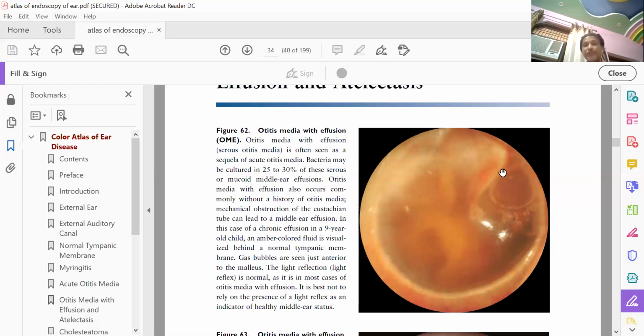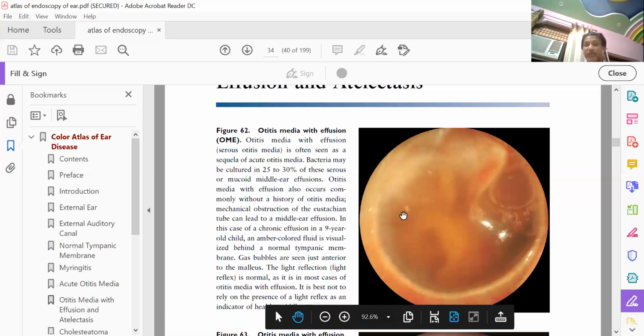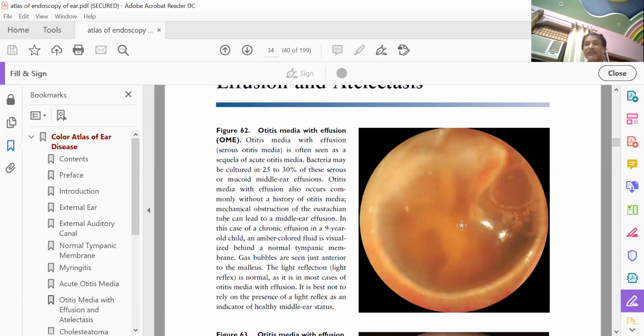So you can see these are entrapped air bubbles in the exudative fluid. This serous fluid, which comes out from the capillaries of the middle ear mucosal vessels, entraps some air bubbles, which you can easily appreciate are so near to the eustachian tube.